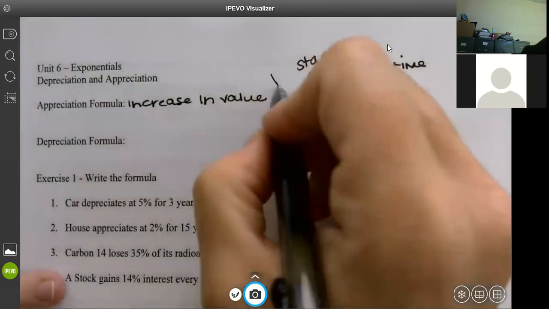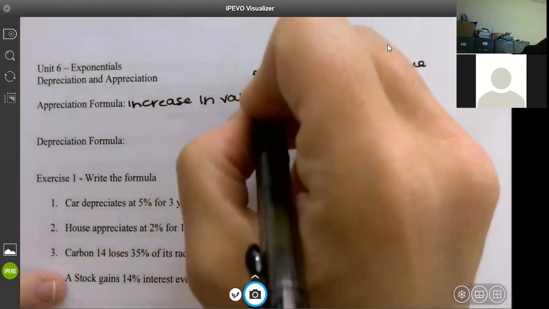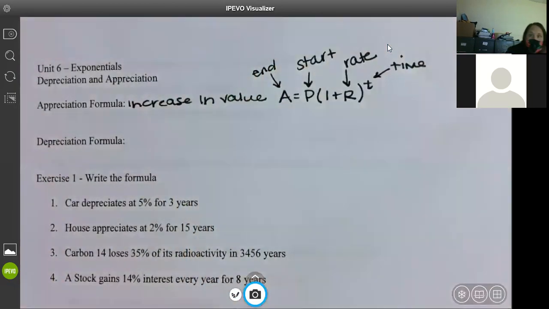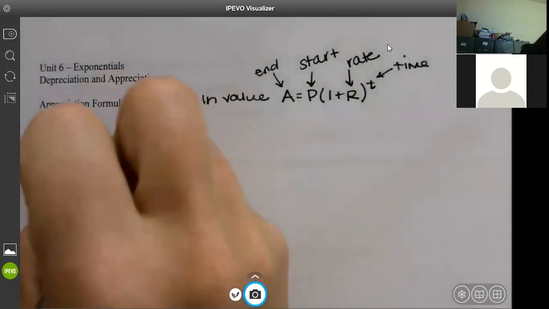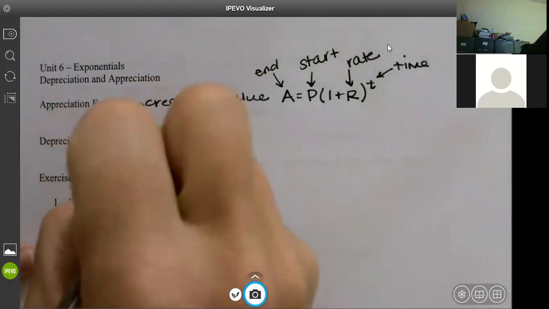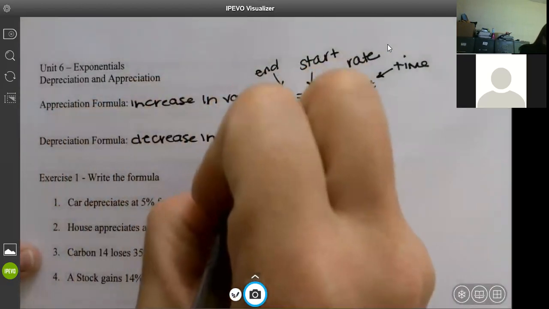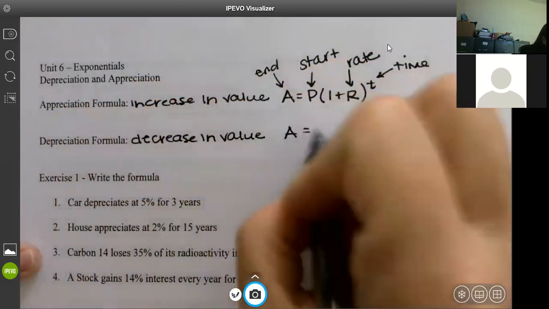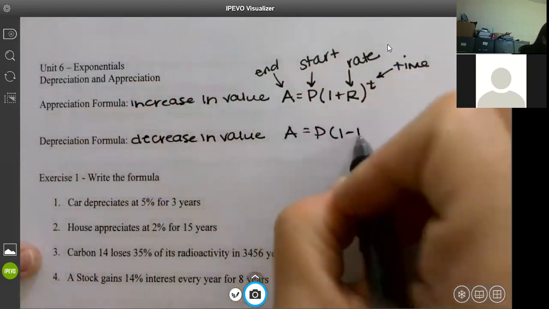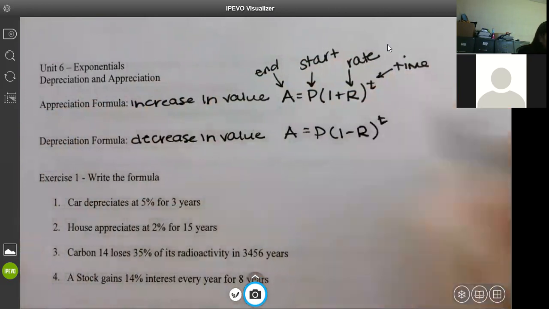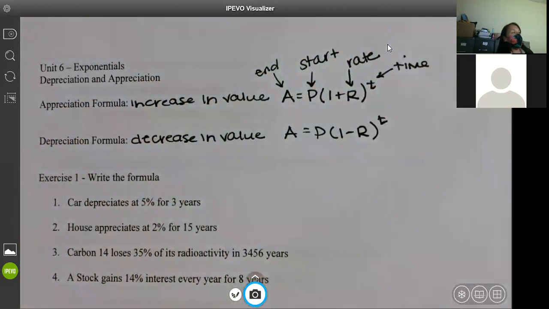And again, this A is what you want in the end. So your end value. Depreciation is a decrease in value. And the only difference in the formula is it's the minus. Same variables, same meaning.